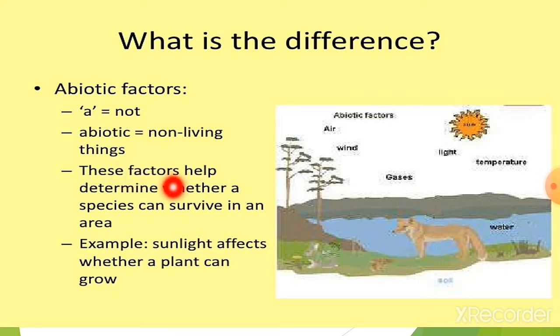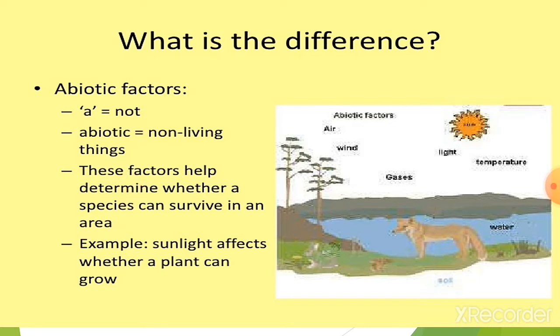These factors help determine whether a species can survive in an area. Here, species means the living things. For example, human, animals, microorganisms, plants, etc. These living organisms are called species.